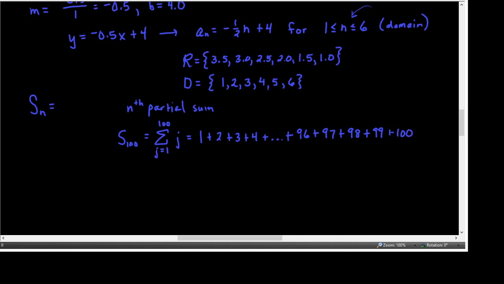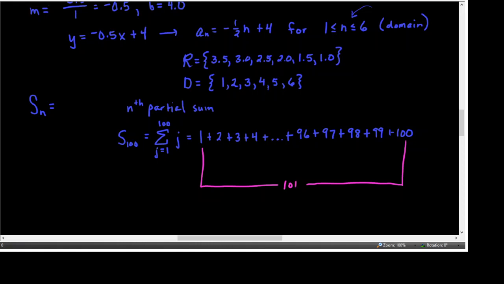Now, to figure out the formula that I'm developing here, I'm going to use a little bit of a trick. I'm going to ask you to look at this. What is the sum of the first term, which is 1, and the last term, which is 100? 1 plus 100 is 101.